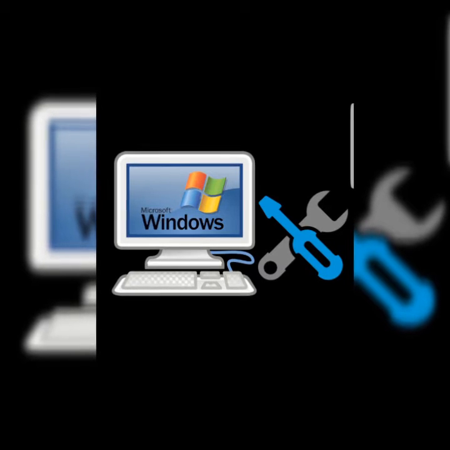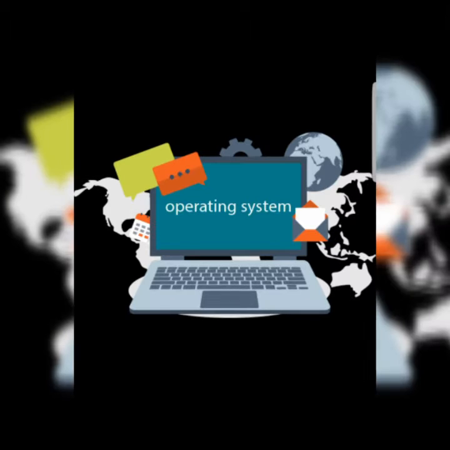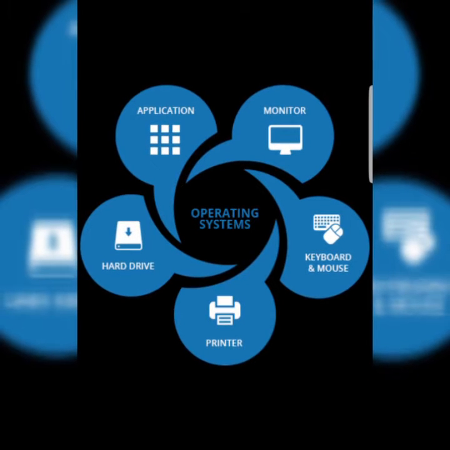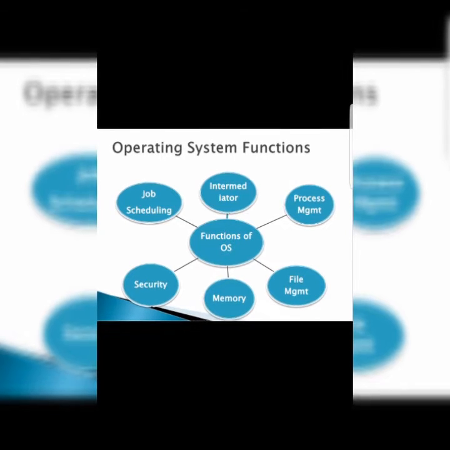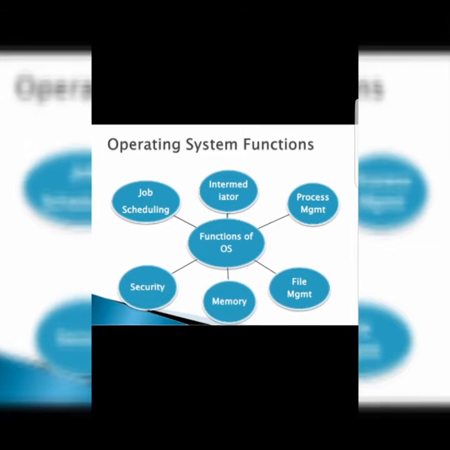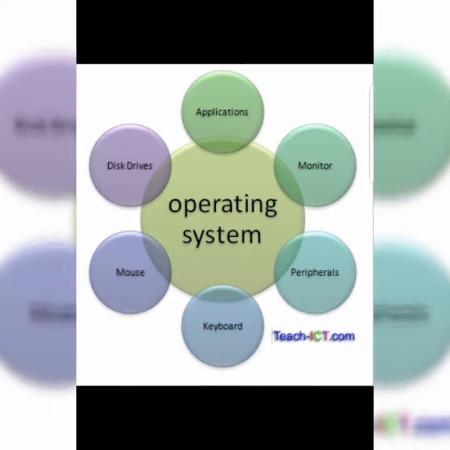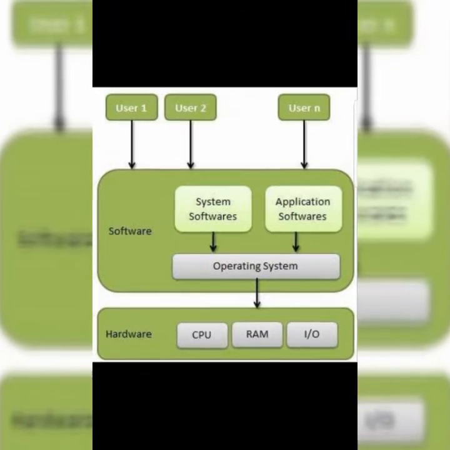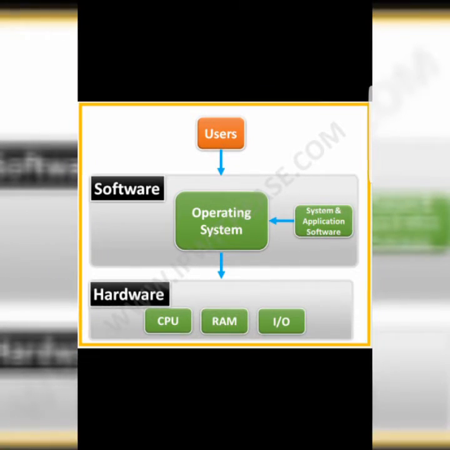It's just like the management which lays down the policies for efficient utilization of resources. So this operating system manages the resources so that they are efficiently utilized by each and every component of the computer.